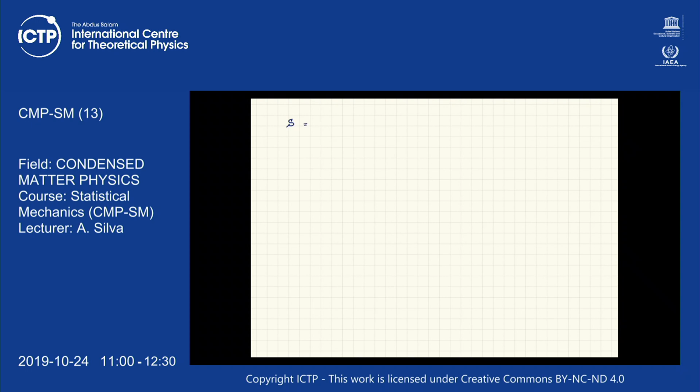So this is k Boltzmann log of N factorial divided by N plus factorial N minus factorial.